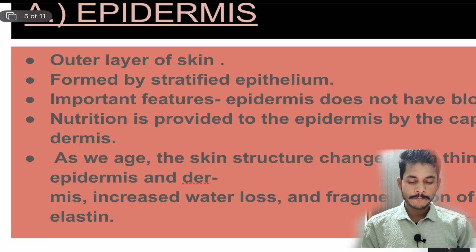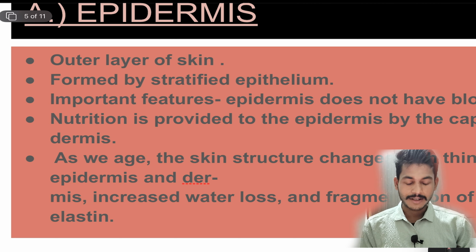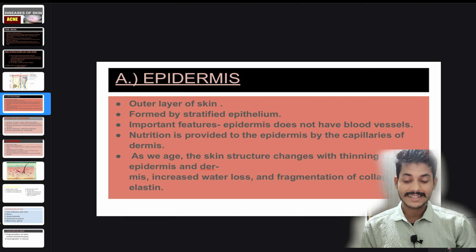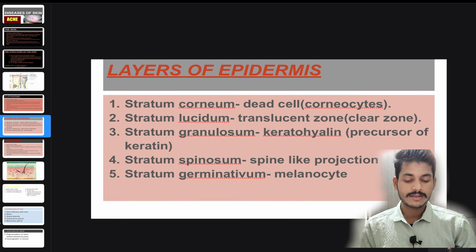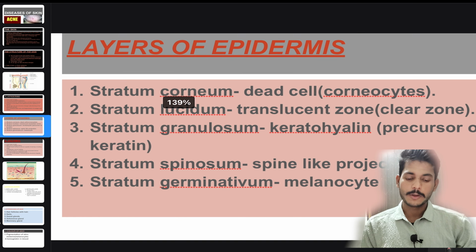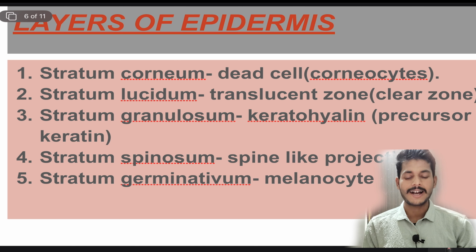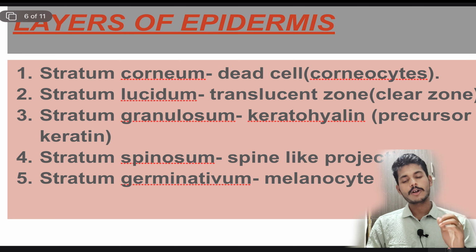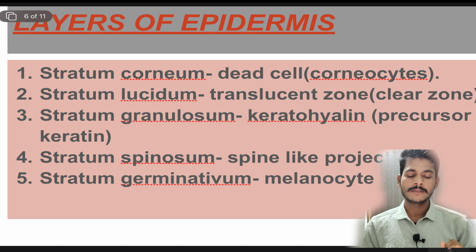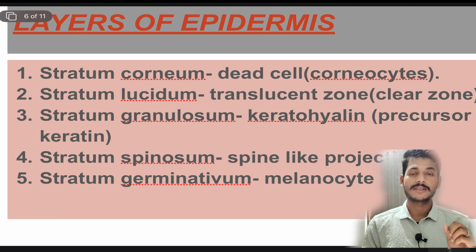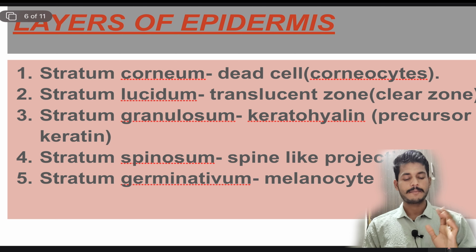Fine, no problem. We also discussed that as a person grows, their skin integrity is lost because of less water content. We also saw the layers of the epidermis. The epidermis consists of 5 sub-layers: stratum corneum, stratum lucidum, stratum granulosum, stratum spinosum, and stratum germinativum. Fine.